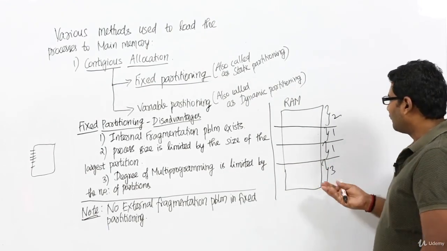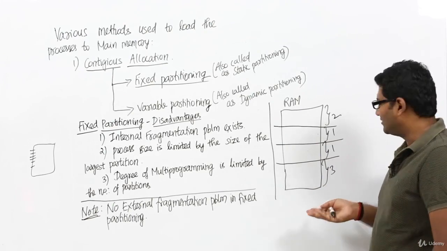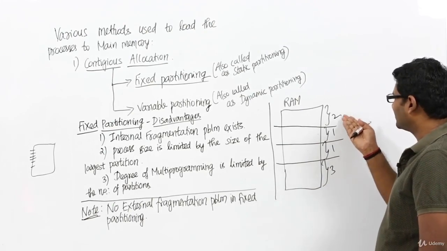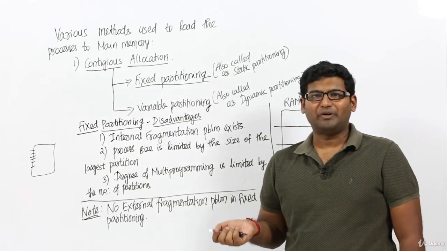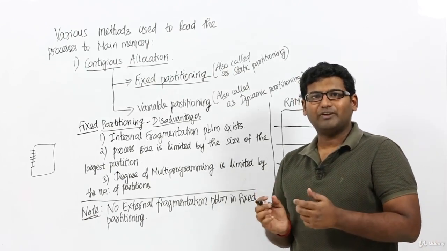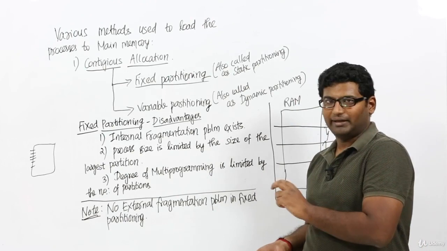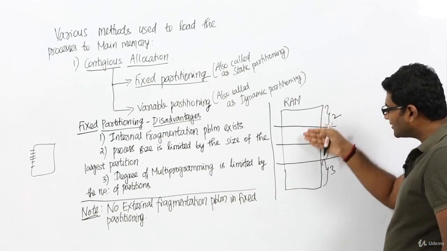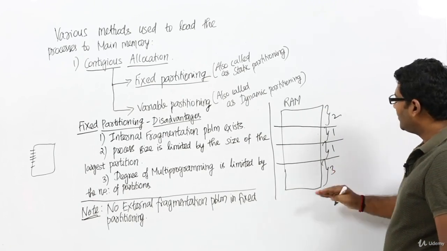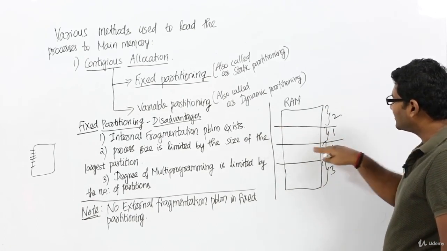Of course the RAM size will be much bigger, right? This is very small, 2 plus 1 plus 1 plus 3, it is just 7 MB. Actually the size of RAM will be roughly around 4 GB. I just wanted to explain fixed partitioning, that's why I'm taking a very simple example. Before placing any process into the RAM, we will be dividing our RAM into some fixed size partitions.